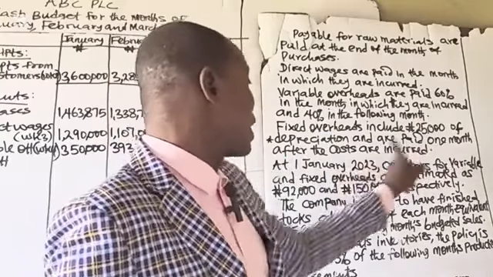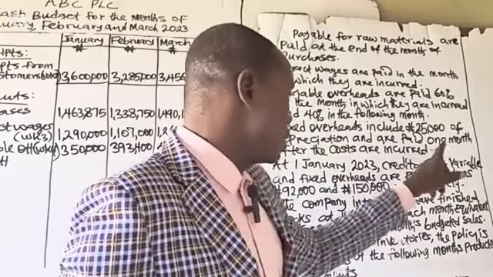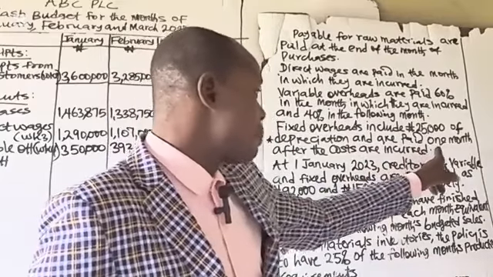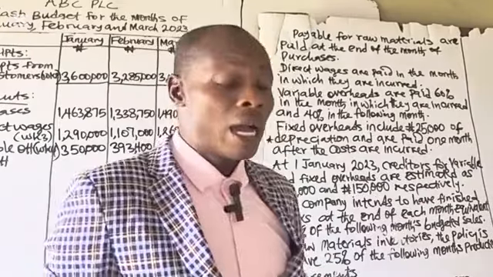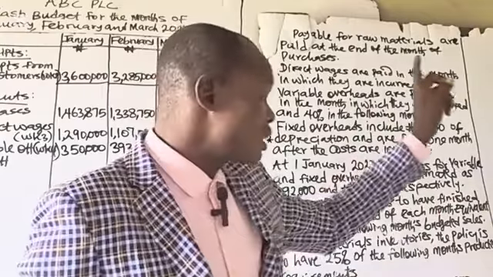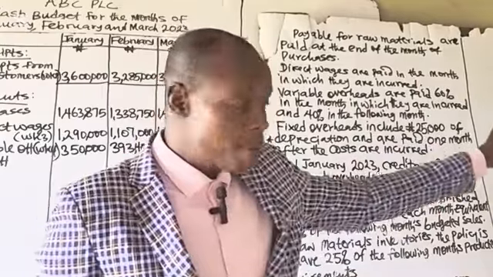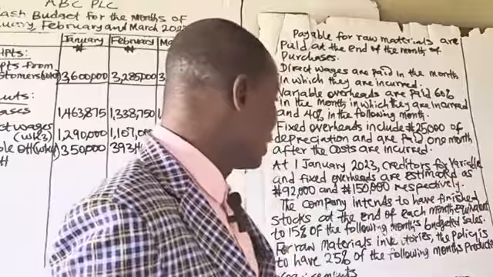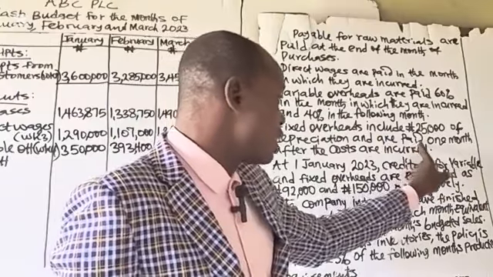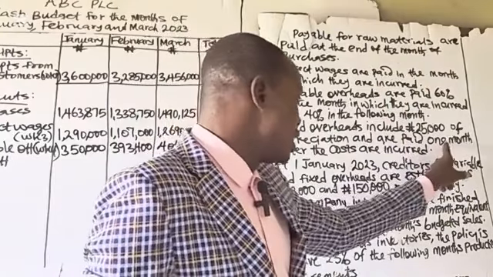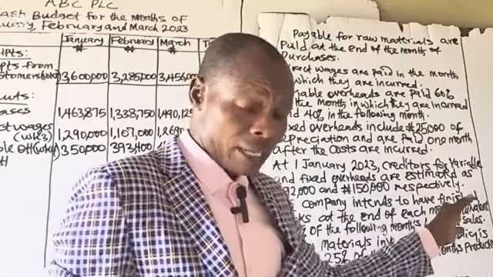They are paid 1 month after the costs are incurred. The one for December 2022 will be paid in January 2023, and the amount of fixed overheads incurred in January 2023 will be paid in February 2023, and the one incurred in February 2023 will be paid in March 2023, in that order.